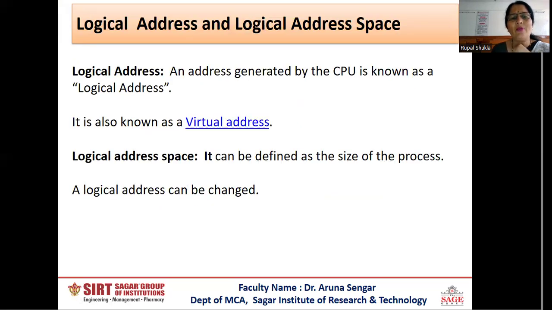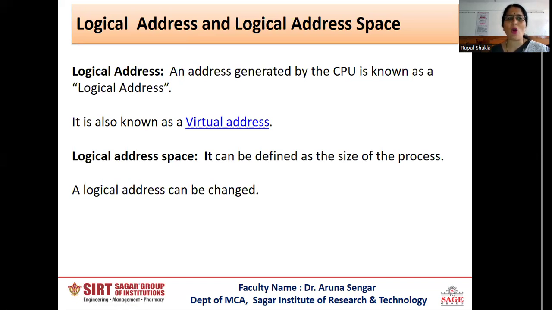When we talk about memory management, we have to understand logical address and physical address. First, we understand about logical address. What is logical address? Logical address means when the process executes on the CPU, then one address is generated by the CPU.